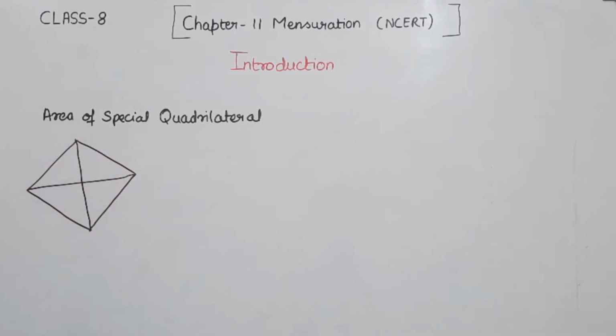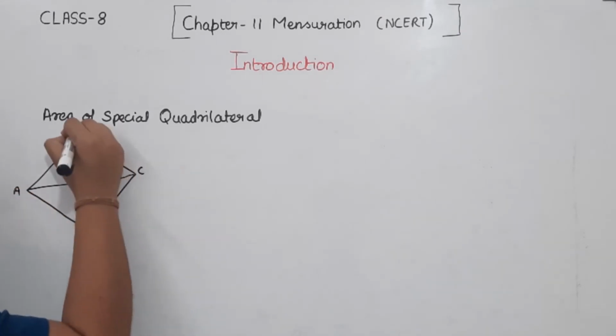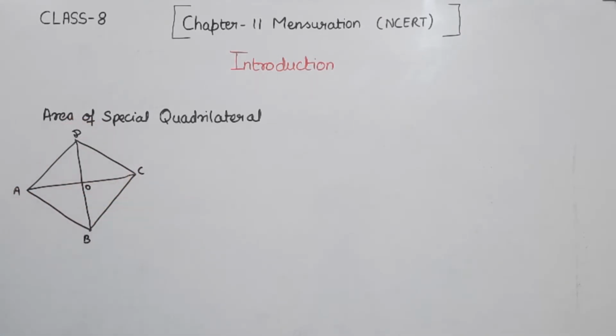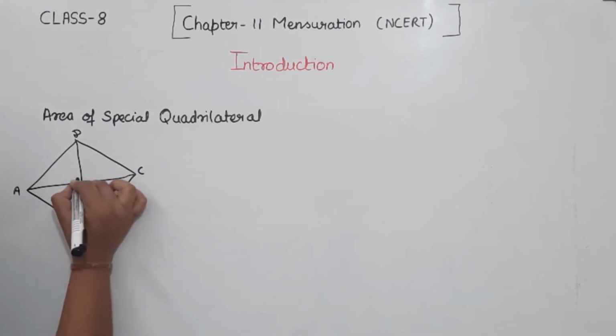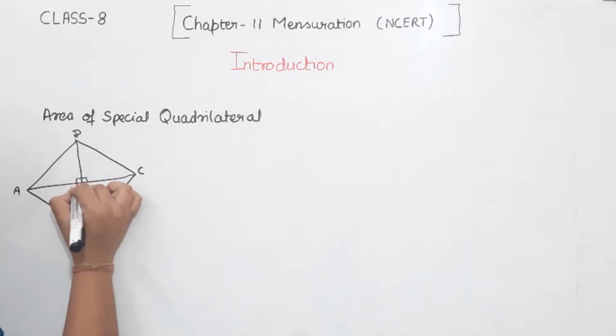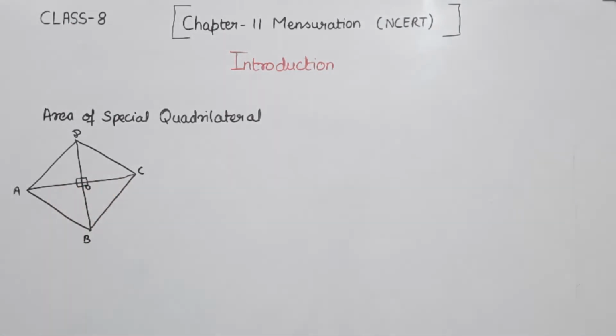This one is the rhombus we are having. A, B, C, D, and this is the O we are having. Now we know that in the rhombus, angles at the center are equal to the 90 degrees. Now we have to find the area of this one.